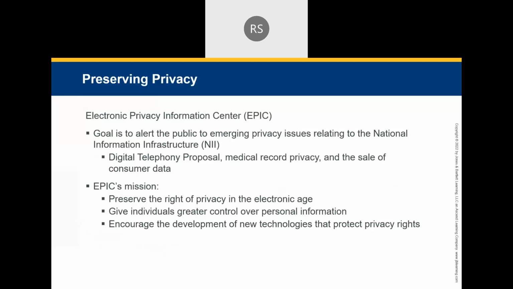Now, their mission is to preserve the rights of privacy in the electronic age, empower individuals with greater control over their personal information, and to encourage the development of new technologies that protect privacy rights. So EPIC serves as a watchdog and advocate, contributing to the ongoing discourse on privacy rights in the ever-changing landscape of electronic communications and information sharing.